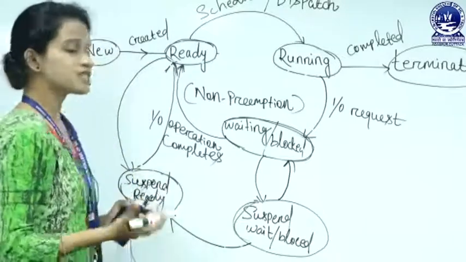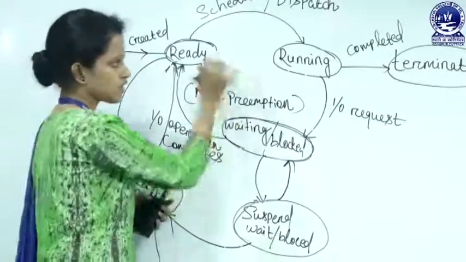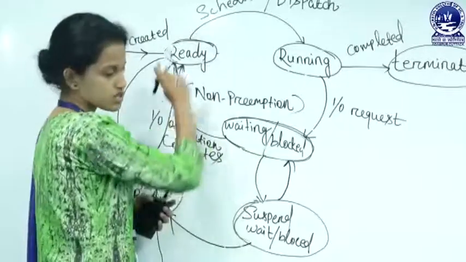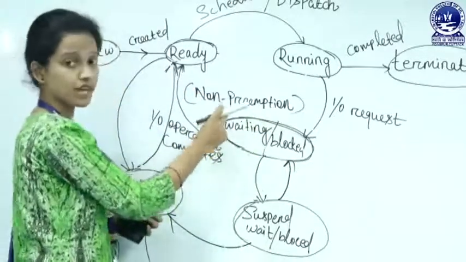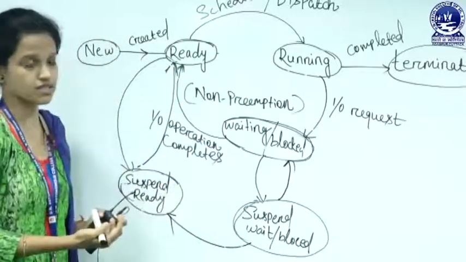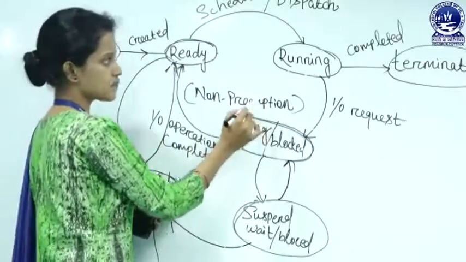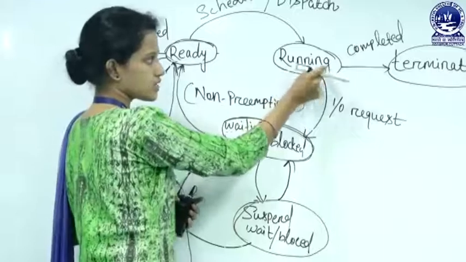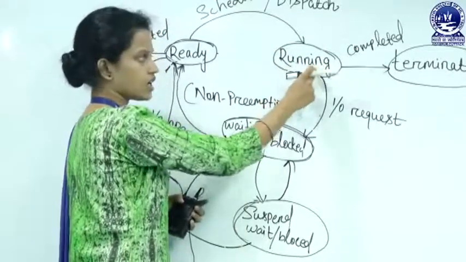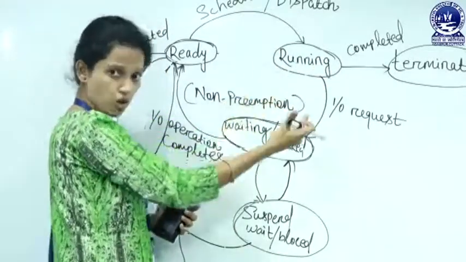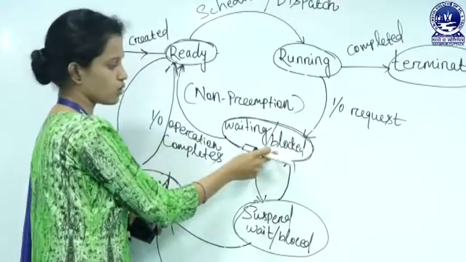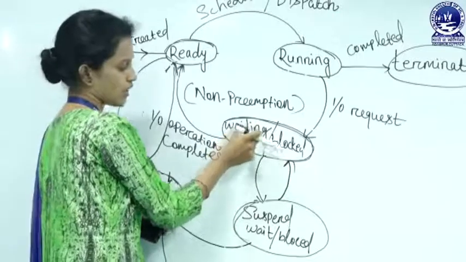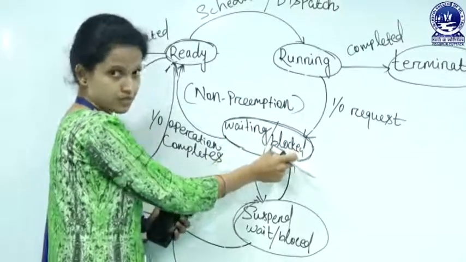So, look at this diagram, this is the non-preemption diagram. This is one type of multi-programming case. In these cases, when the process is executing, if it needs some IO operation, then only at that time does it go to the IO block, I mean the waiting state or blocked state.